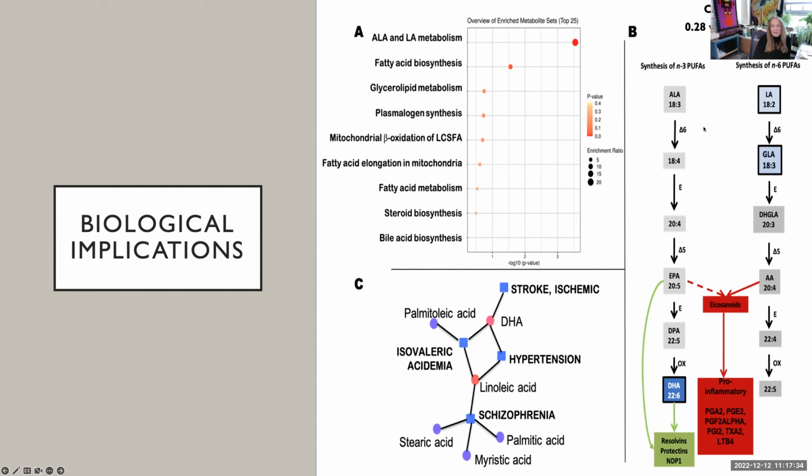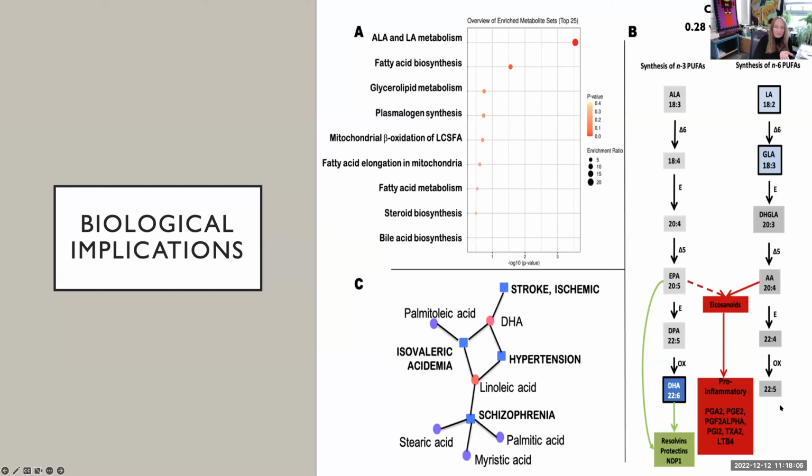What is interesting is that the odds ratio of having a child with a diagnosis of non-TD was higher with those pathways that have a higher flux through prostaglandins and thromboxanes, which are pro-inflammatory. There are two pathways: one is through the N3 polyunsaturated fatty acids, the other one is through N6.